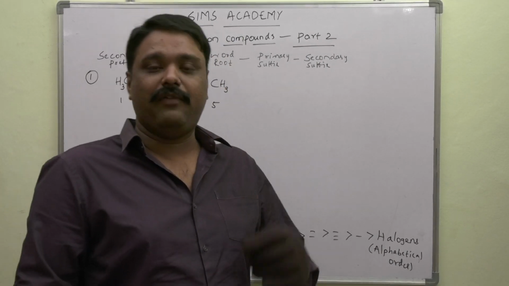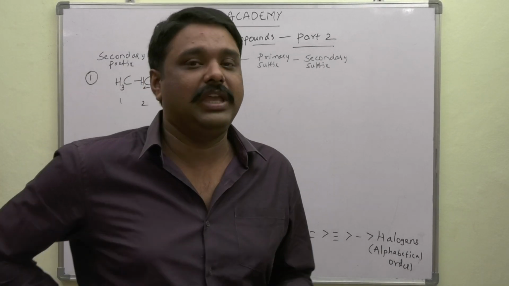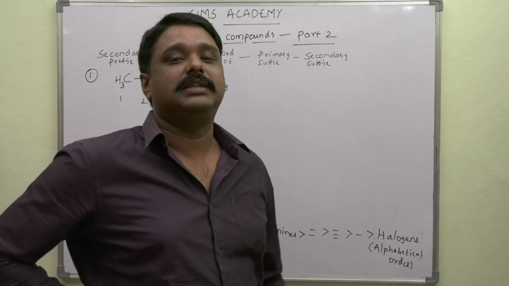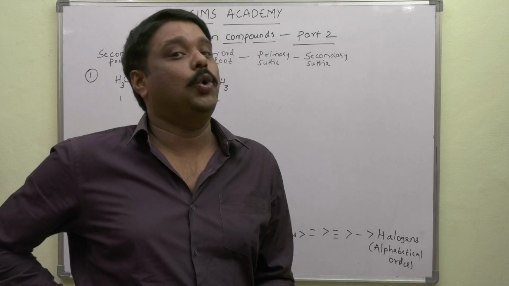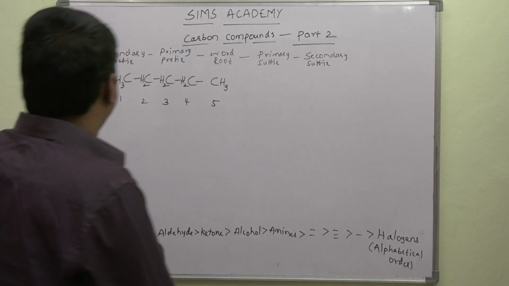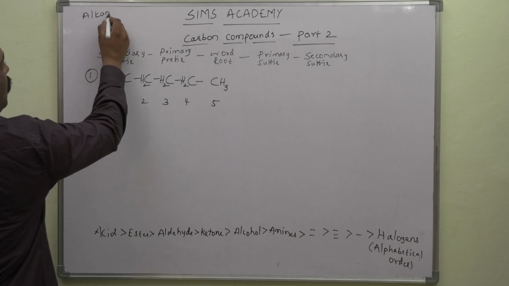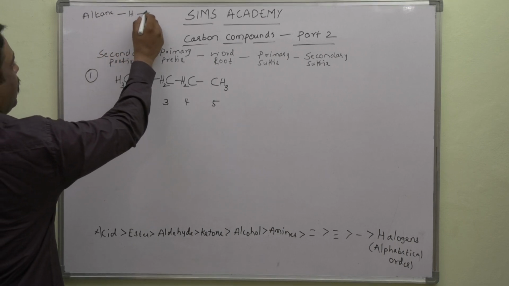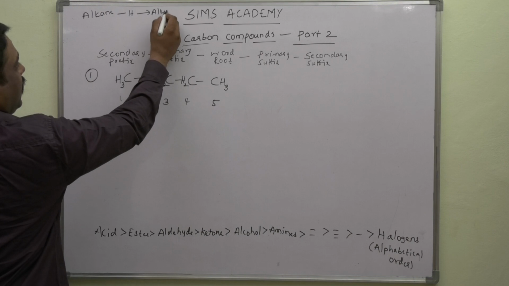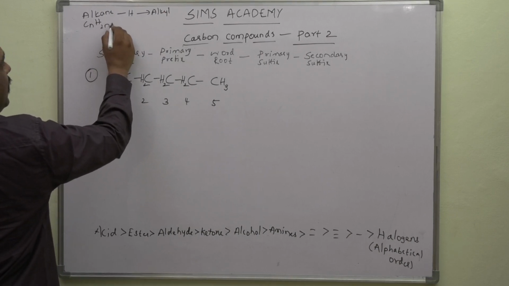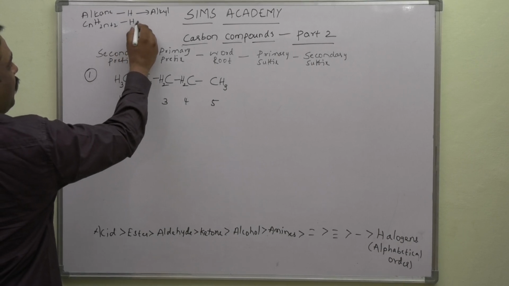Okay, and one more important thing we have to keep in mind is that these halogens and alkyl groups. What are alkyl groups? If I remove one hydrogen atom from an alkane, we get an alkyl group. That means CnH2n+2 is the general formula of an alkane.